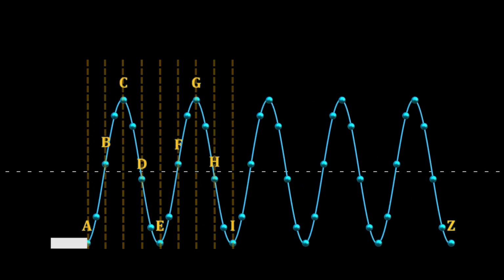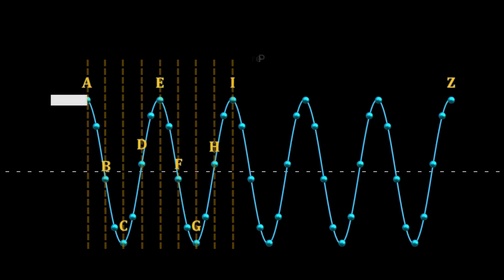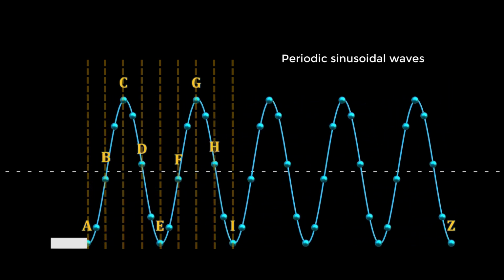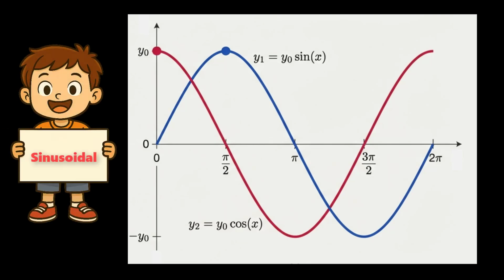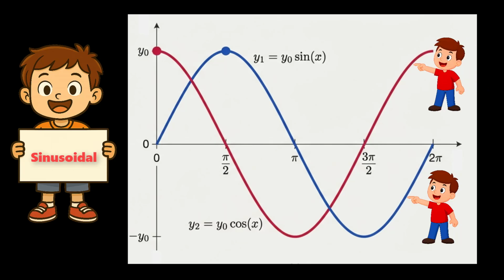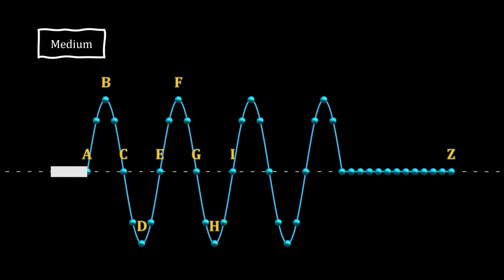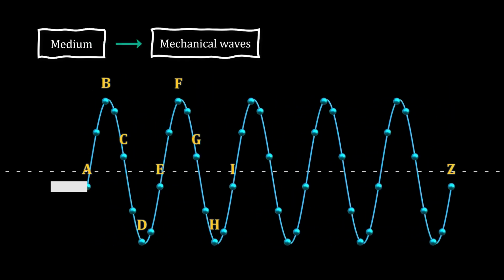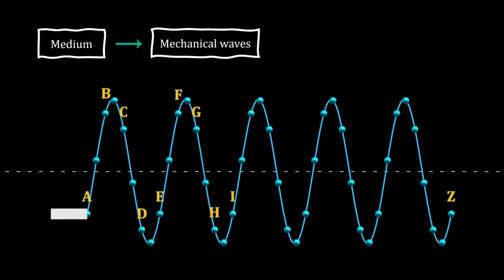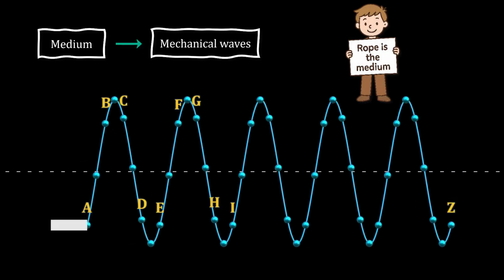From now on, we will restrict our study to periodic sinusoidal waves. Sinusoidal means in the shape of a sine curve or a cosine curve. Waves that require a medium to propagate are referred to as mechanical waves. For the wave on the rope, the rope is the medium.